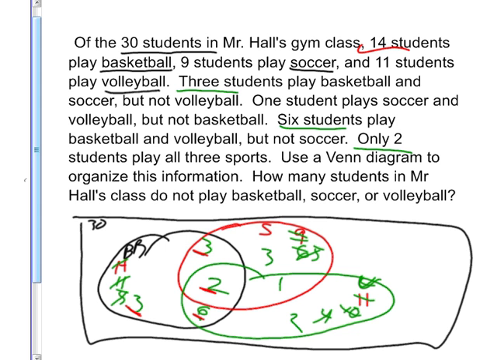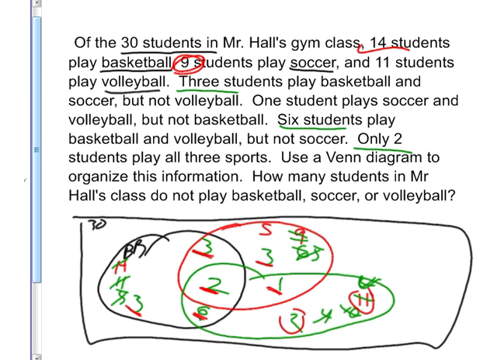Soccer players, I've got 3 plus 2 plus 3 plus 1, 6, 7, 8, 9. Were there 9 soccer players to begin with? Yes, there were. And the last one is volleyball. I've got 1 plus 2 is 3, plus 6 is 9, plus 2 would be 11, and there were 11 volleyball players. So I've got my information coded correctly.